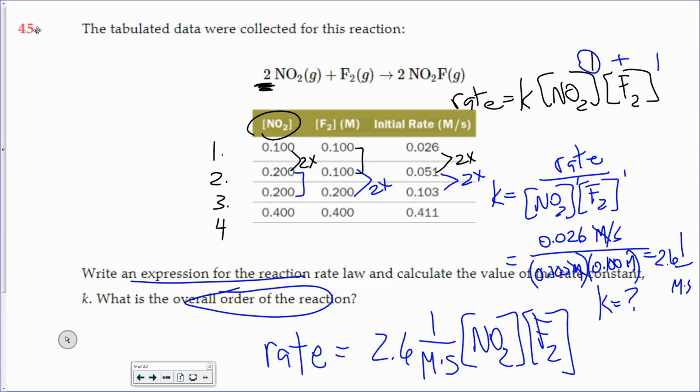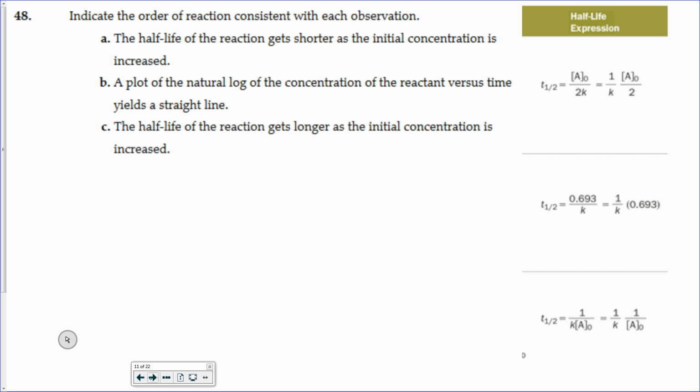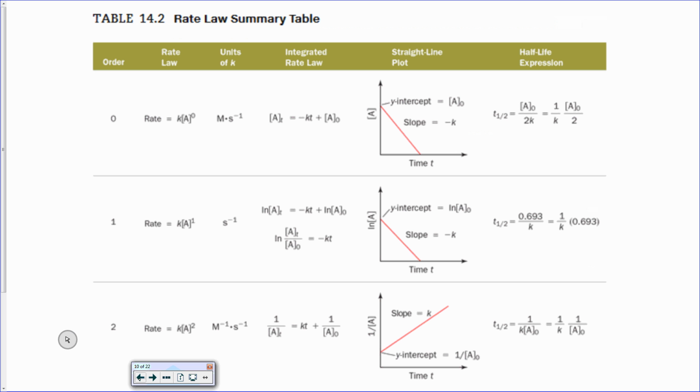Okay, so let's look at our next one. So we got our rate law table in here. So problem 48 says indicate the order of the reaction that's consistent with the observation. And something I did was I copied this portion of the table. So this far right-hand side, this is the table that you're going to get for the test.